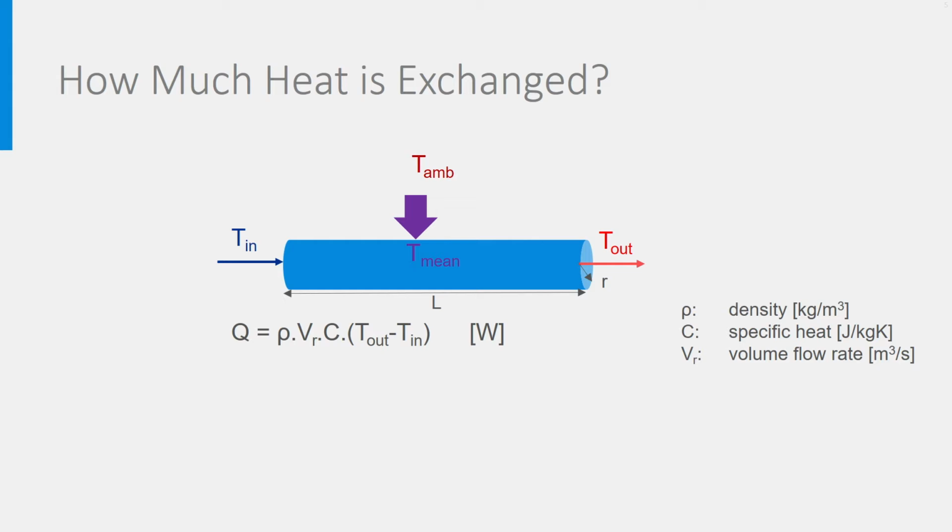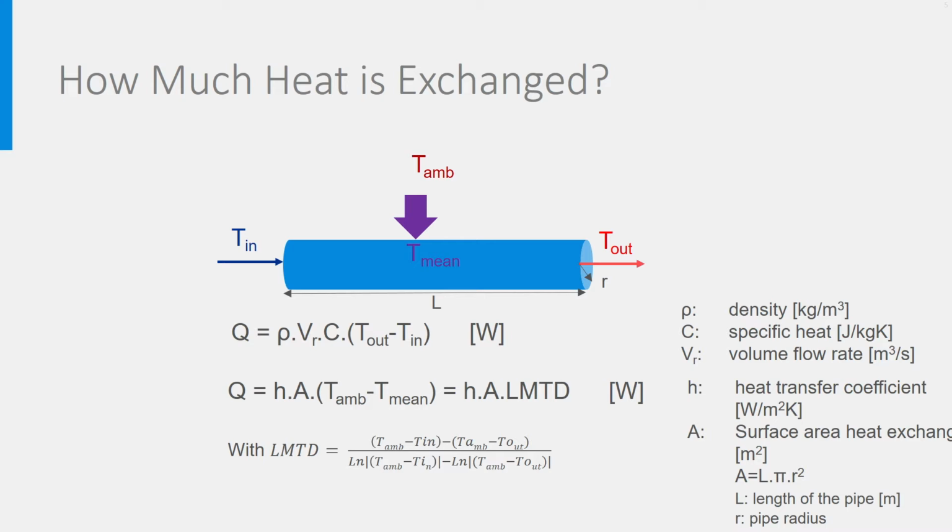So, we will write that Q is H times A times (T ambient minus T min), and it can be derived that this T ambient minus T min is equal to LMTD, the log mean temperature difference, defined as given in the equation below.